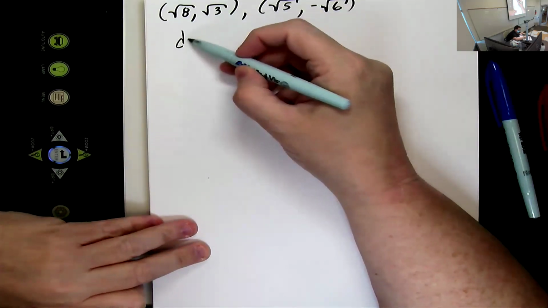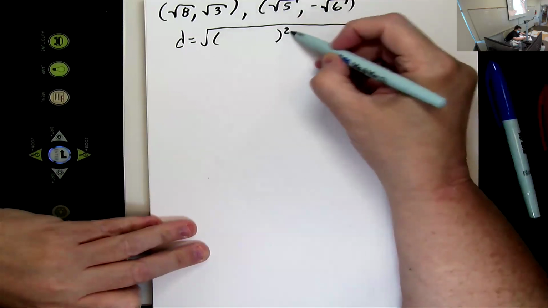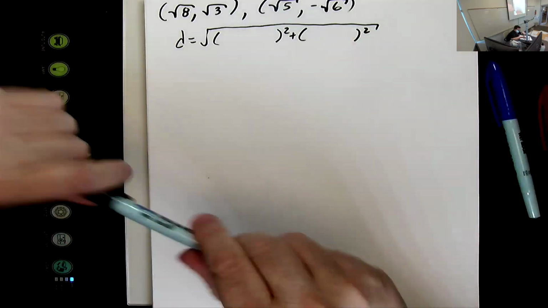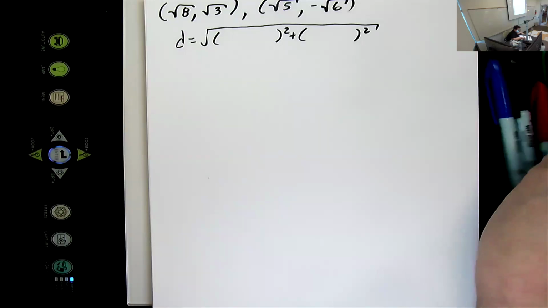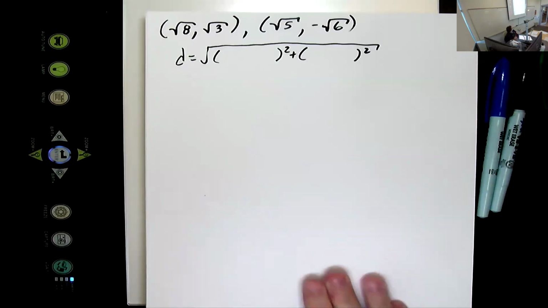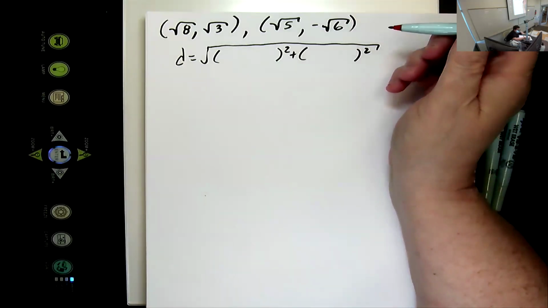Now it looks a little intimidating, right? All those square roots. Let's just set up our generic version here and take a look at what's happening. Which one should I make point 1, which one should I be point 2?